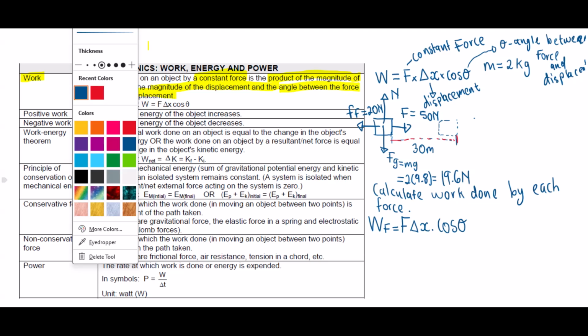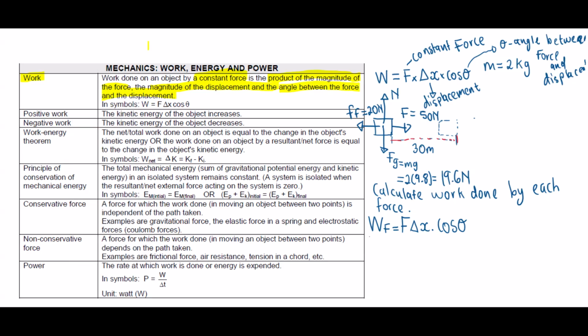If we have to calculate the work done by each force, we start with the force F. The work done by force F is going to be 50 newtons, the force, substituted in. Now, what is the delta x? The delta x here is the displacement.